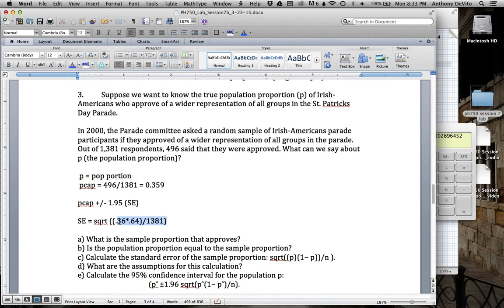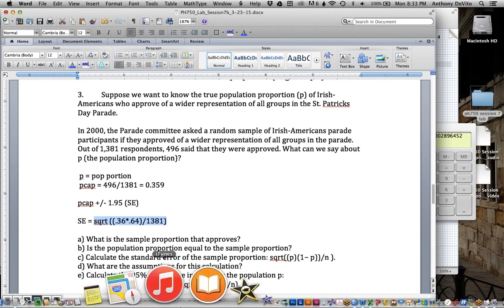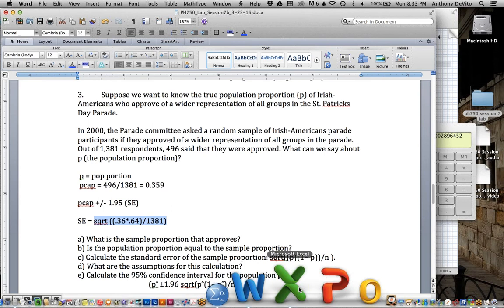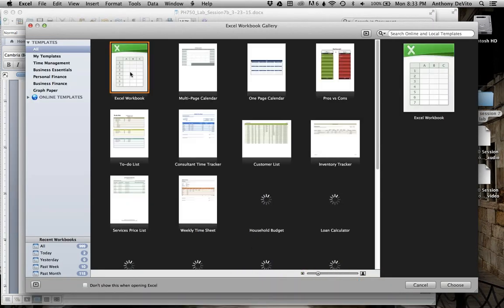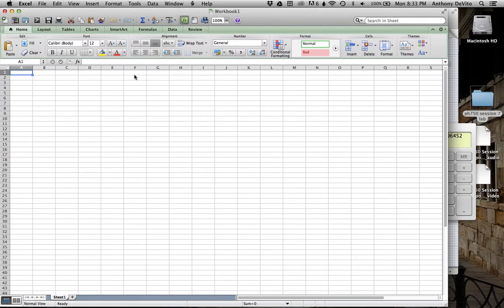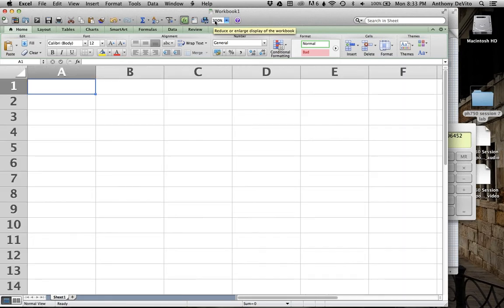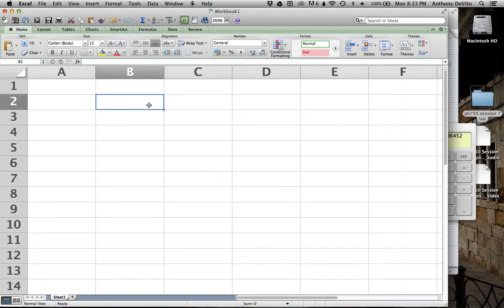Maybe I can get lucky and actually copy and paste this into Excel. Let's give that a try. Did I make a mistake there? Oh, you're telling me the answer. Oh, excellent. Thank you very much. Equals square root of.